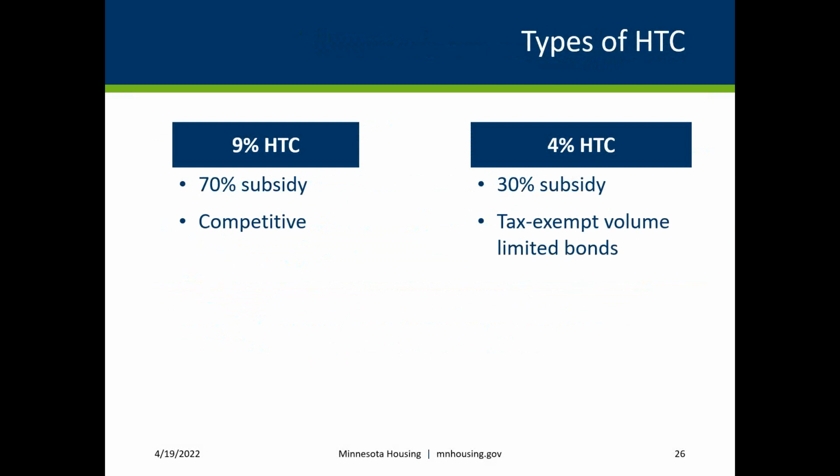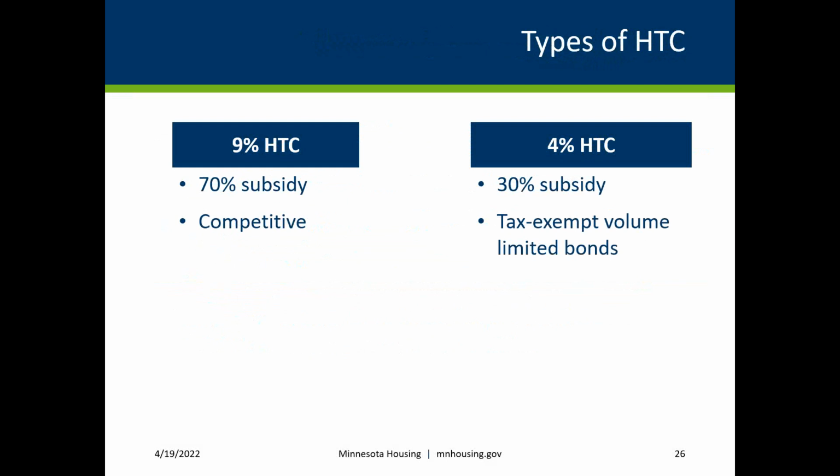The HTC is designed to subsidize either a 30% or a 70% of the low-income unit costs in a project. The 30% subsidy, which is known as the automatic 4% tax credit, covers new construction that uses additional subsidies or the acquisition costs of existing buildings.